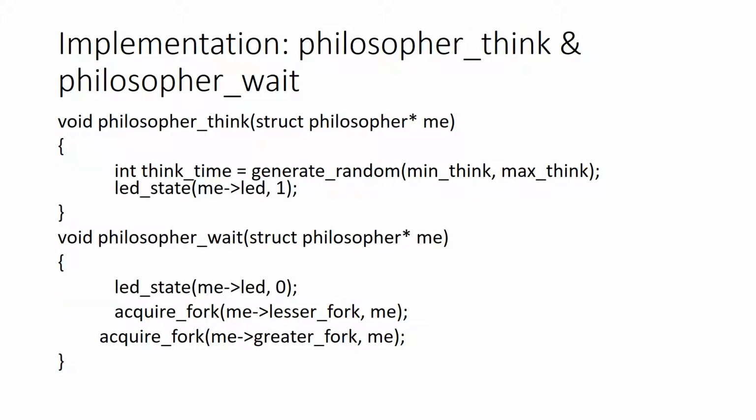Then here we see the procedures for thinking and waiting. The thinking is enacted by the argument, which is a pointer to the philosopher who is doing the thinking, and essentially for a random amount of thinking time between a minimum and a maximum.